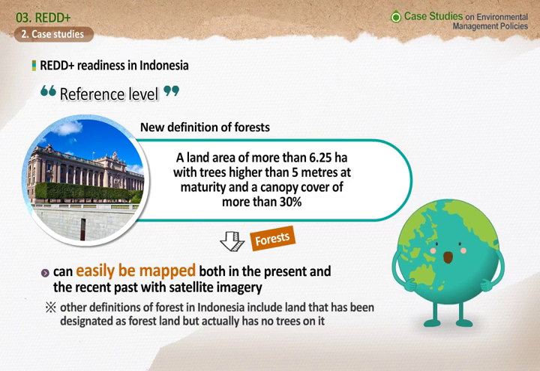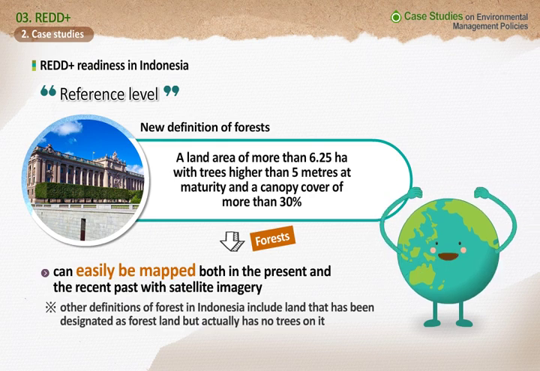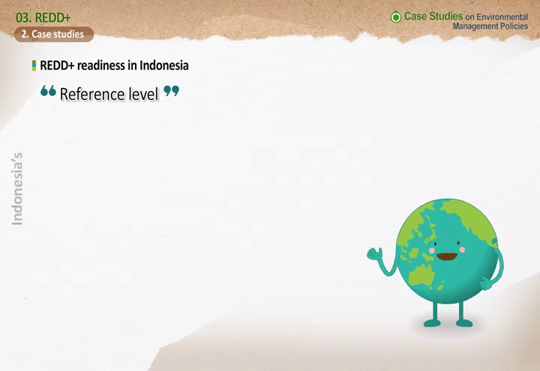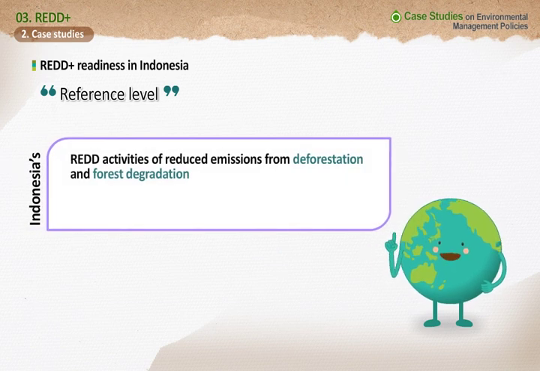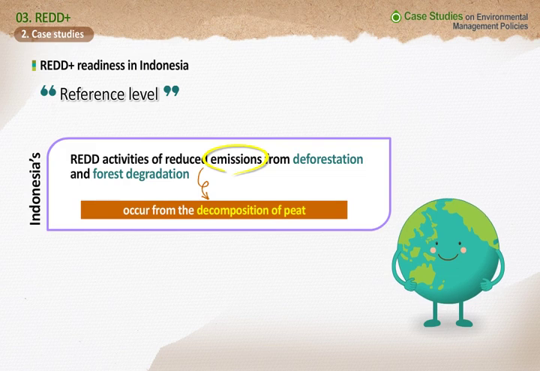And as some other definitions of forest in Indonesia include land that has been designated as forest land but actually has no trees on it. Indonesia's reference level only covers the REDD activity of reduced emissions from deforestation and forest degradation, including emissions that occur from the decomposition of peat after it has been drained.